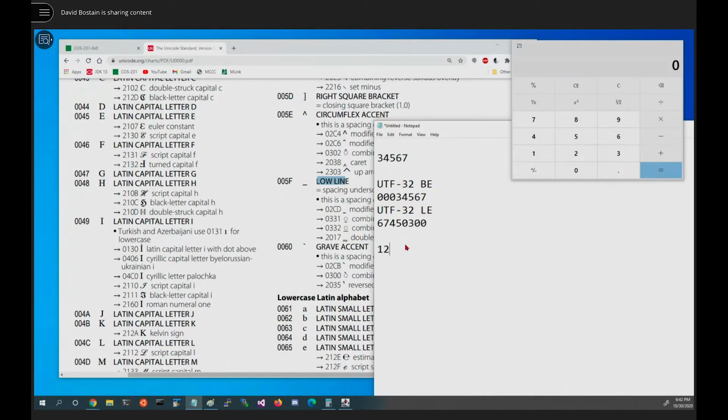Now you might get a number like that. Somebody might say, this is encoded in UTF-32 little endian. What's the code point? What would the code point actually be?